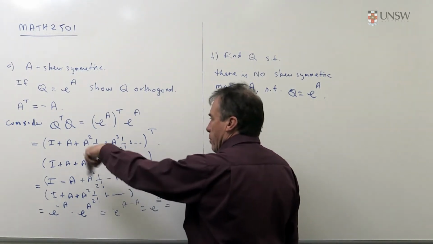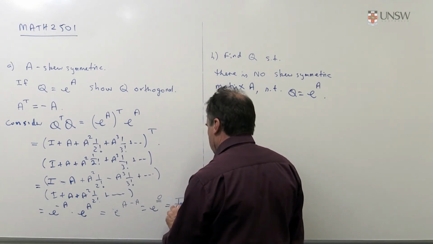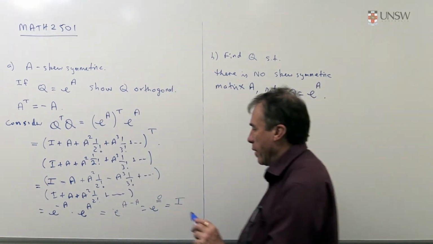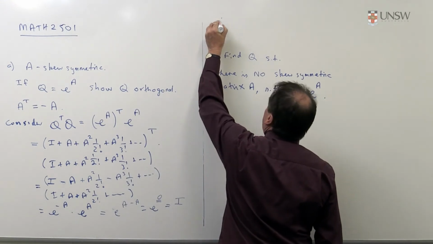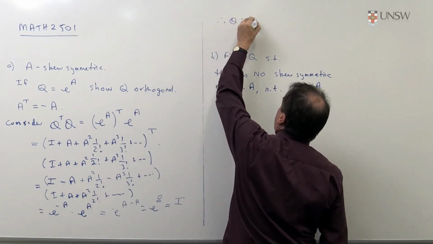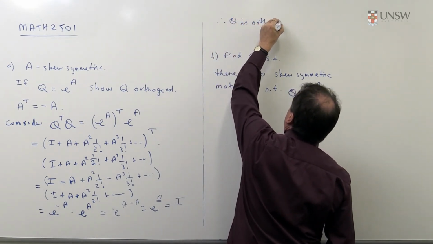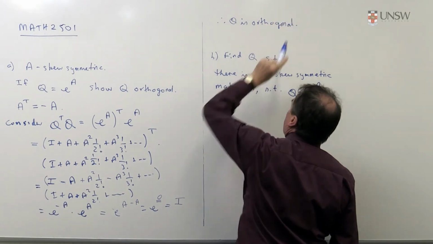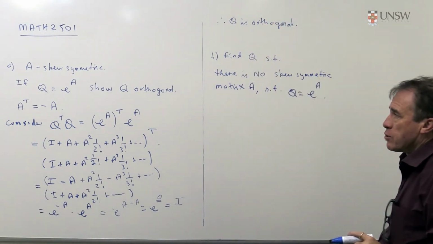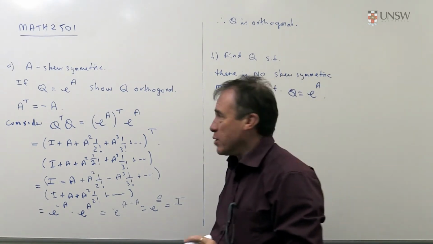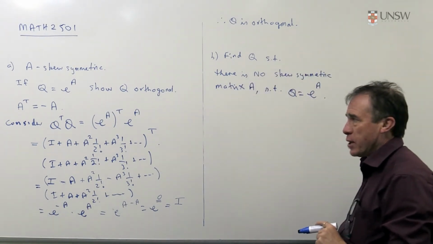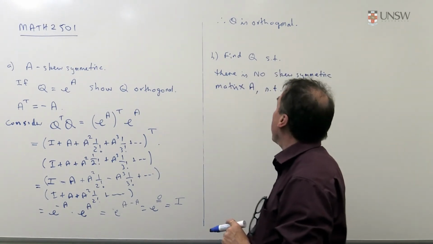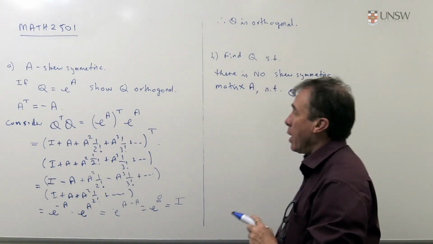And if you shove the 0 matrix into the expansion, you just get I. And that means, therefore, I can say Q is orthogonal. So that's rather nice. There's a way of constructing orthogonal matrices. You just take any skew-symmetric matrix and you raise e to that power and you'll get an orthogonal matrix.